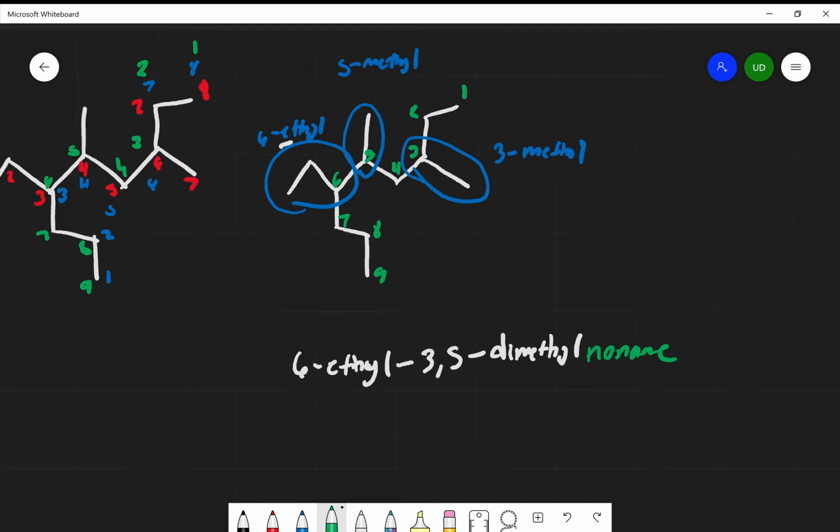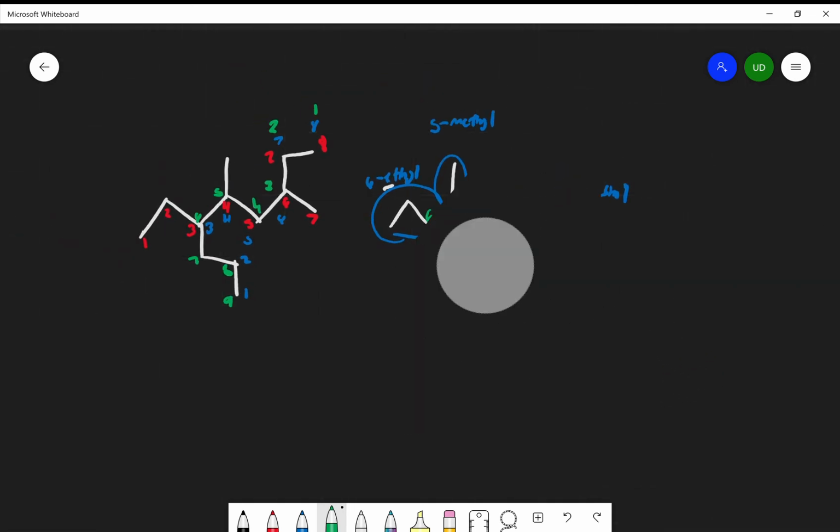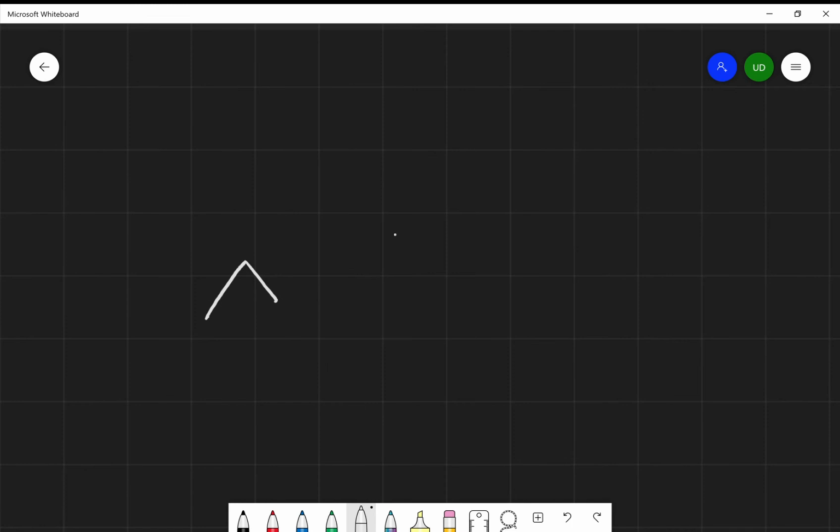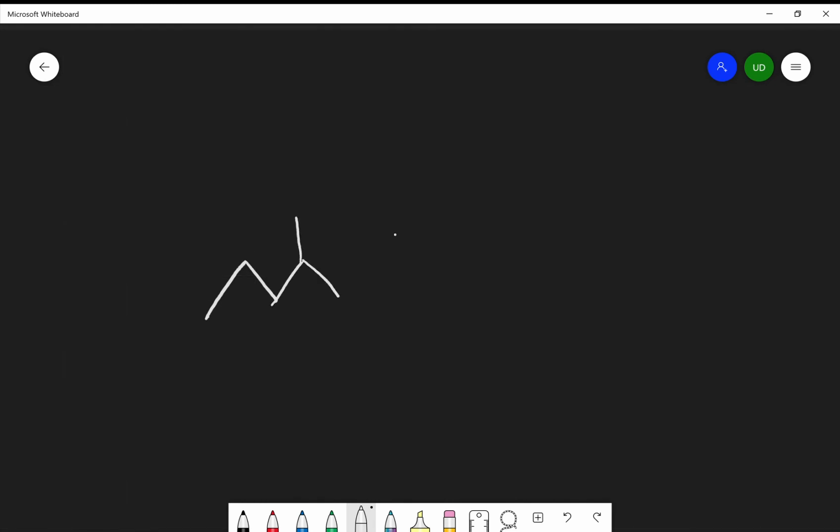Okay, let's do one a bit different. Okay. So it's pretty obvious where our longest carbon chain is.